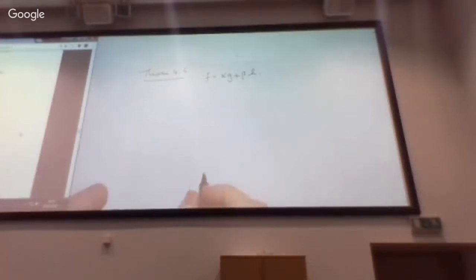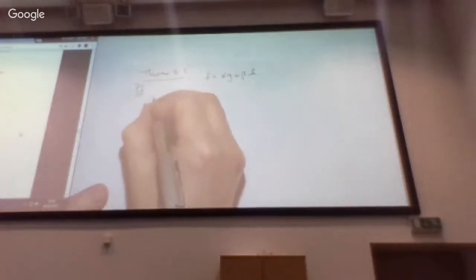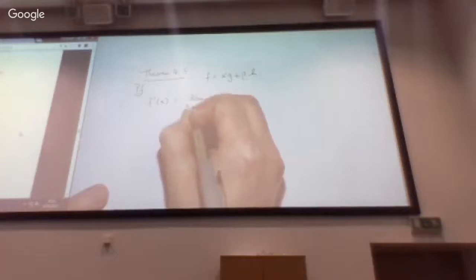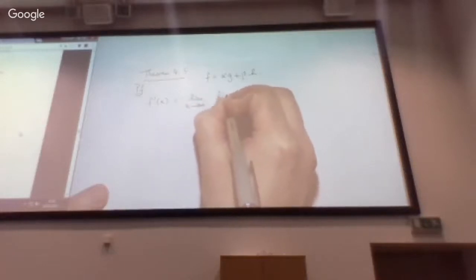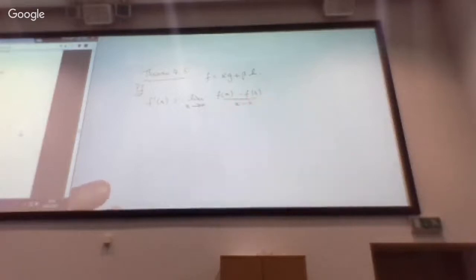So, the definition of the derivative of f is the limiting value as x goes to a of f of x minus f of a over x minus a. Okay, that's the original definition which we introduced and discussed yesterday. But we now know what the function f is. The function f is defined in terms of g and h, like this.